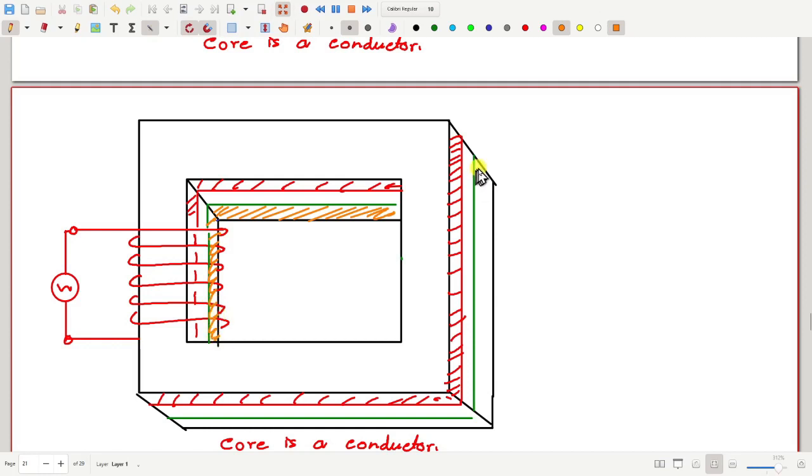All these parts are joined together, and these individual slices are called stampings. Now I have drawn these stampings to be quite thick, but normally the thickness is only a fraction of a millimeter.